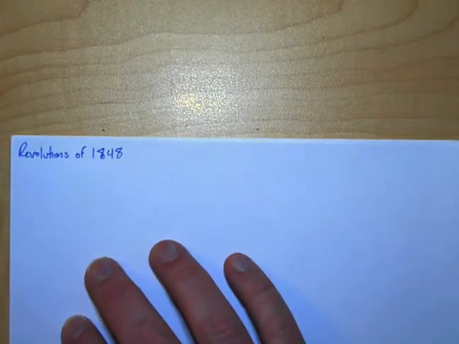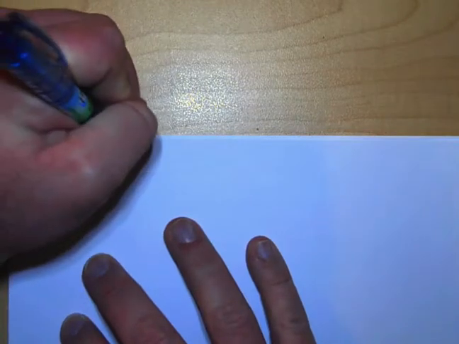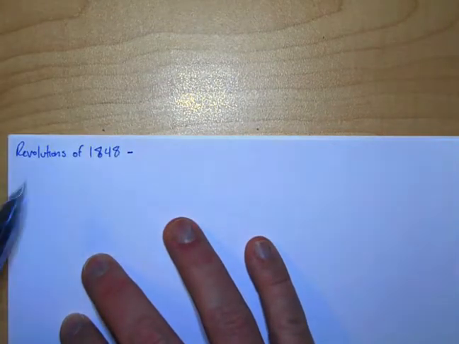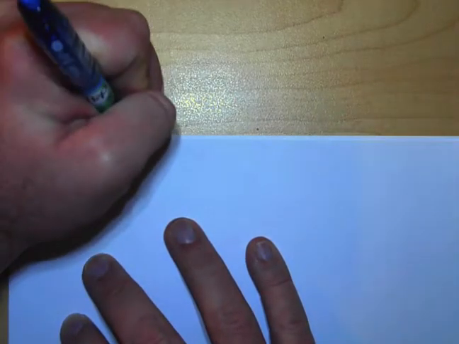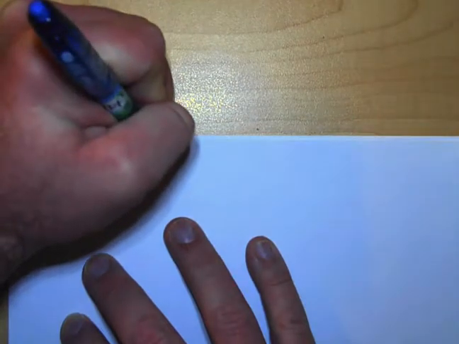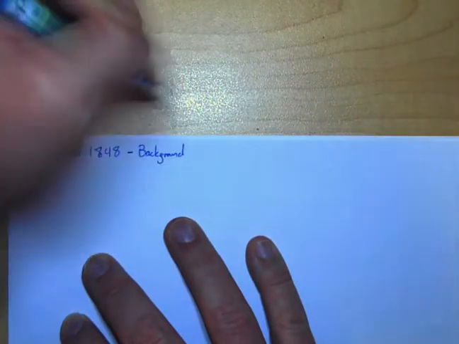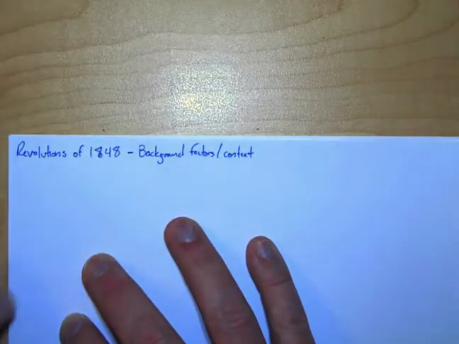So, what I'm going to do is break this down into three pieces. In this first video on 1848, we're going to look at some of the background factors and some of the context for what's about to happen.